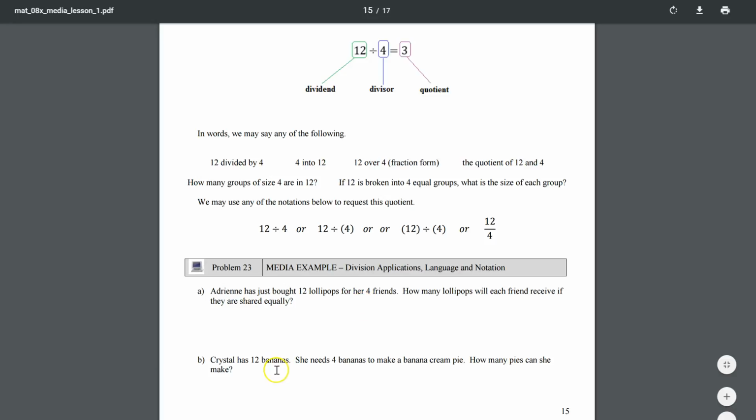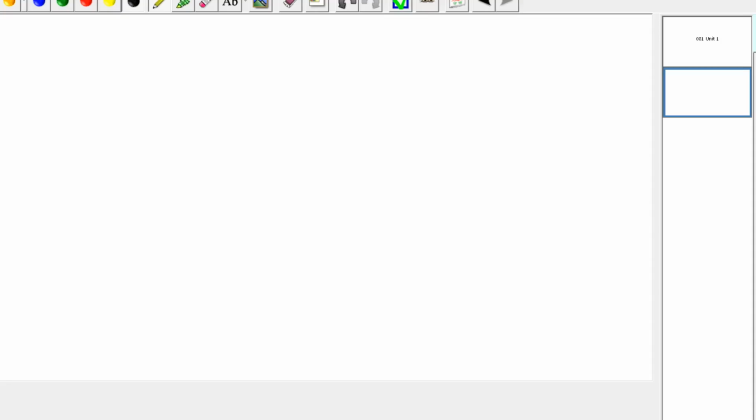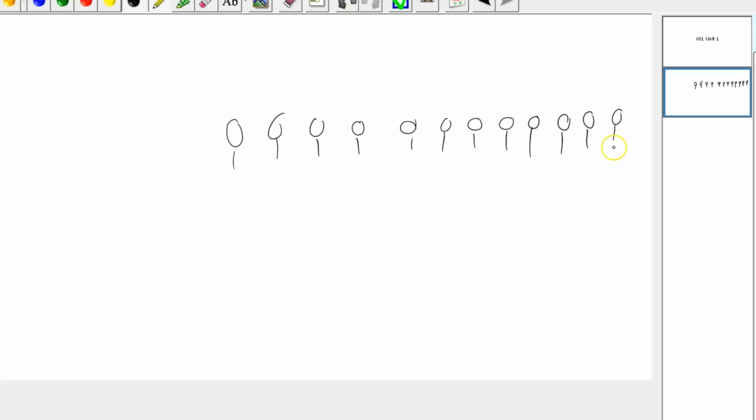So the first one: Adrian has 12 lollipops for 4 friends. Okay, so there's 12 lollipops, and she has 4 friends.